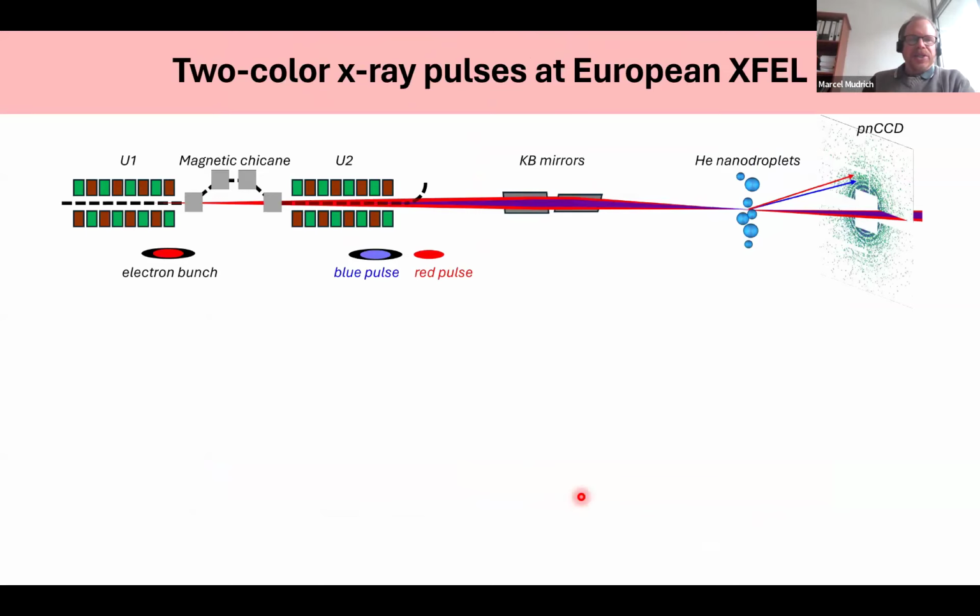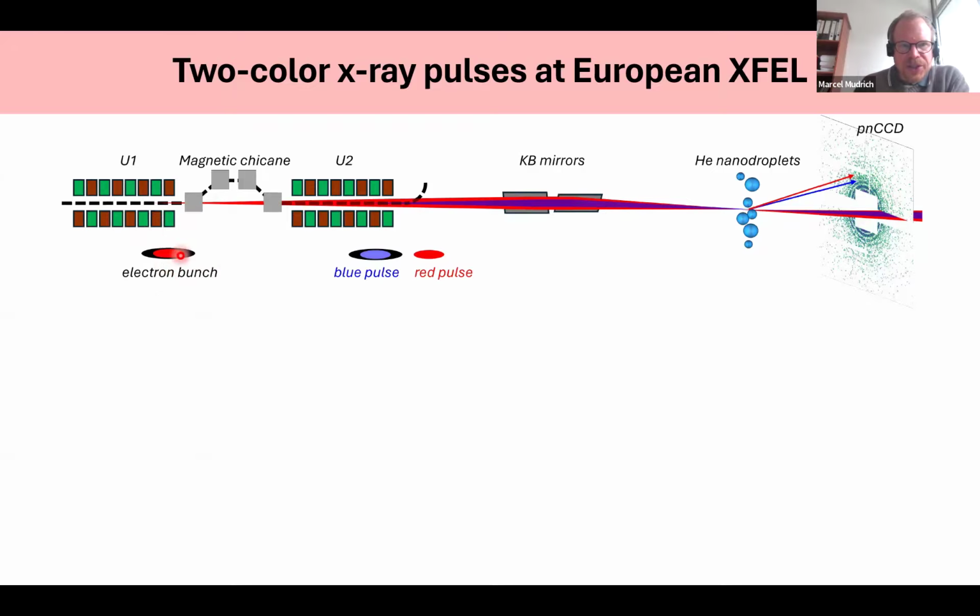Yeah, very much in the same way, actually, Shiva Ramakrishnan and I participated in an experiment at the free electron laser, the European free electron laser in Hamburg, where also two separate undulators with a magnetic chicane in between were used to produce two color pulses.